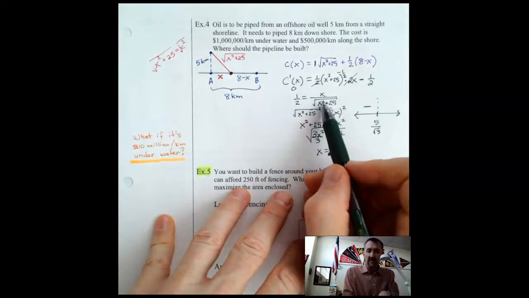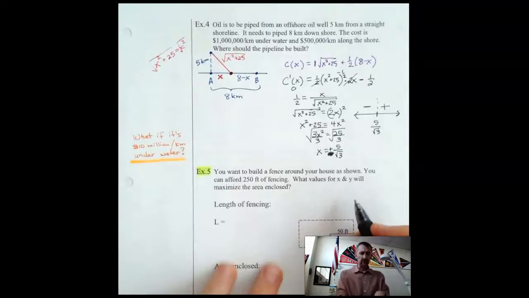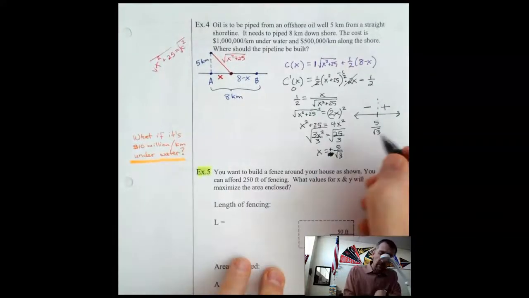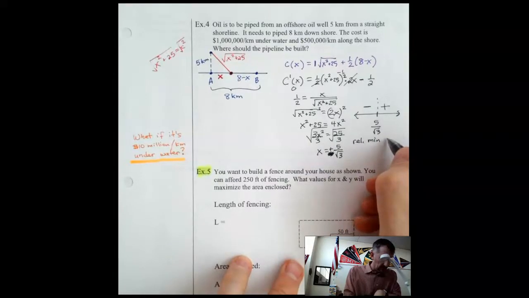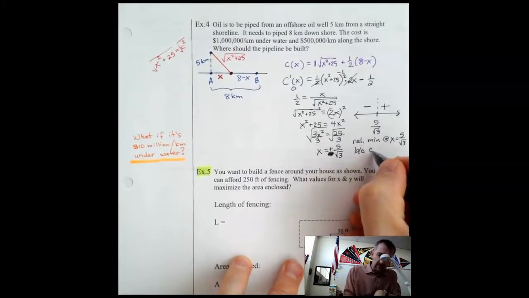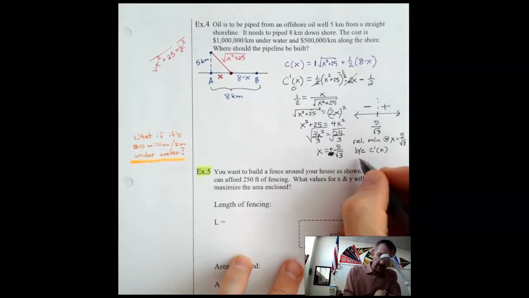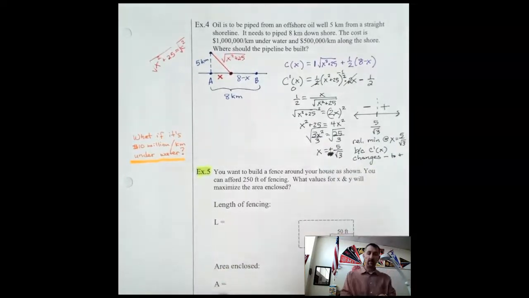So I have 10 over 11 minus 1/2. So that's going to be positive. Okay, so we have a relative minimum at x equals 5 over root 3 because c prime of x changes from negative to positive.